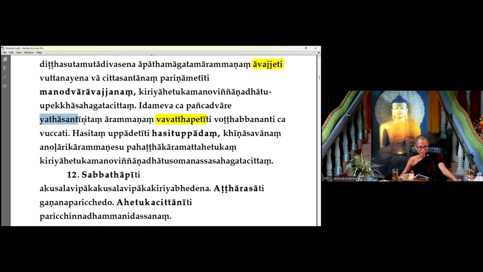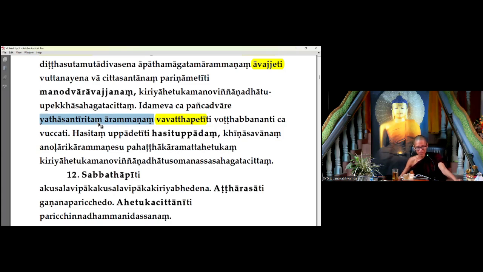Yatha sandirita: investigate it accordingly. Investigate it accordingly. Before Vavutthana, sandirana accepts the object, and Vutthapana makes a decision. Because of this, Yatha sandirita aramana, the object accepted is checked or investigated accordingly, according to Sandirana.